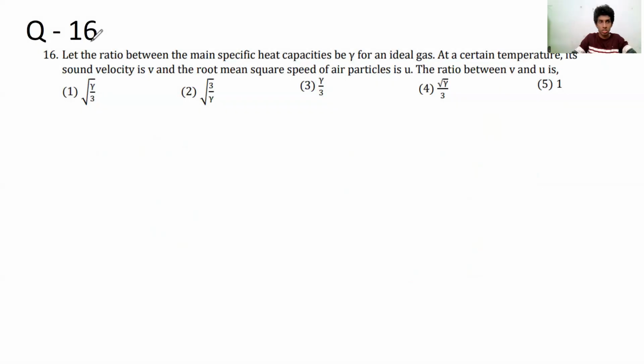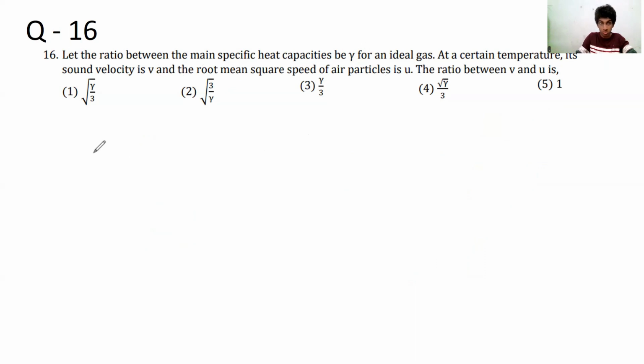Question number 16. Let the ratio between the main specific heat capacities be gamma for an ideal gas. At a certain temperature, its sound velocity is v, and the root mean square speed of air particles is u. The ratio between v and u is. So we can easily solve this by first writing the equation for v and u.